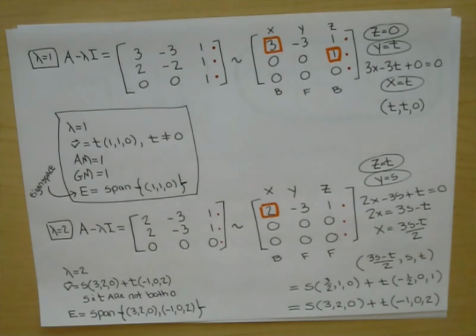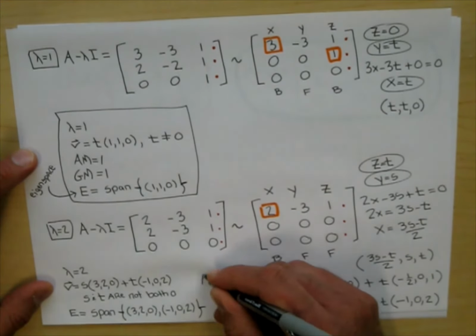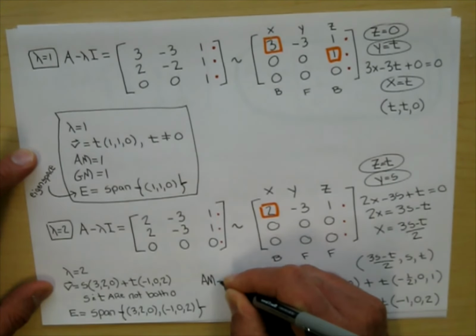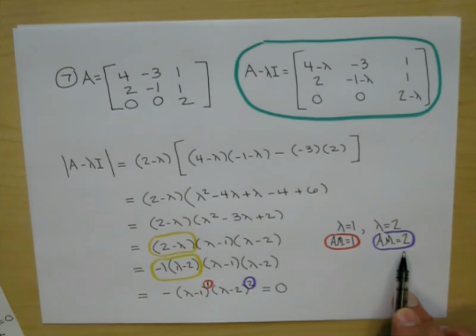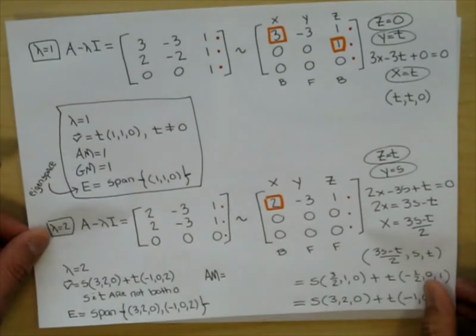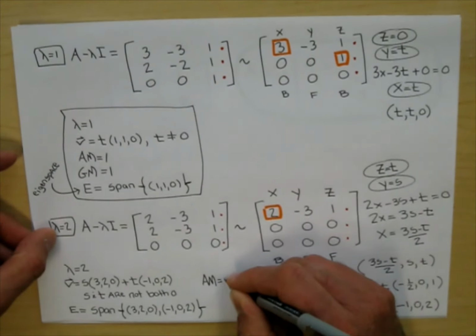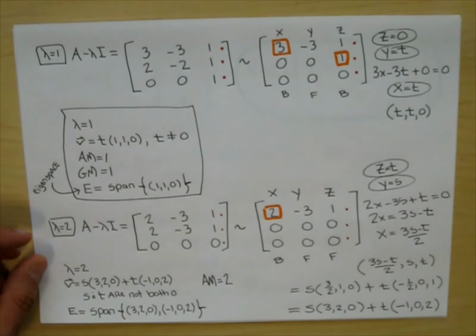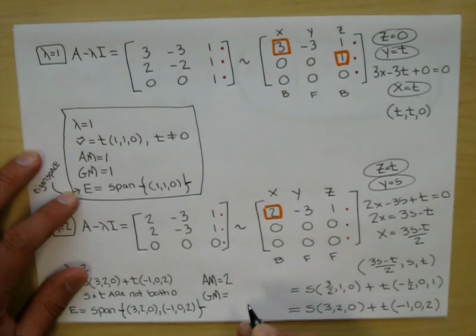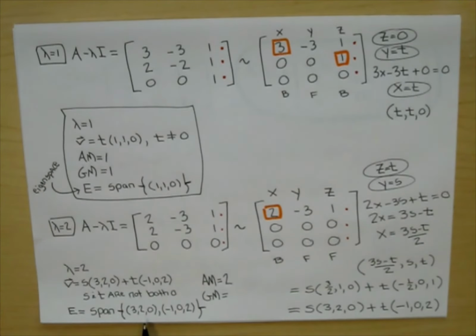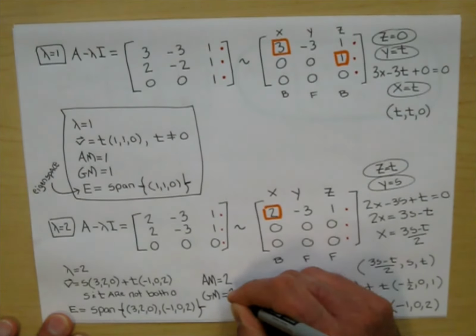Okay. The algebraic multiplicity. What we saw back over there was that the algebraic multiplicity was 2. And the geometric multiplicity happens to be the dimension of the eigenspace, and there are 2 in the basis, so geometric multiplicity is 2.